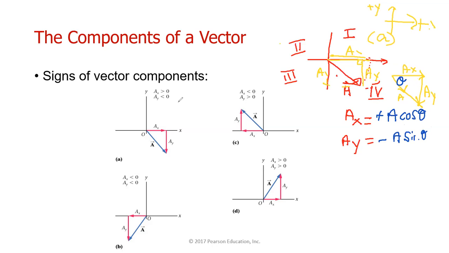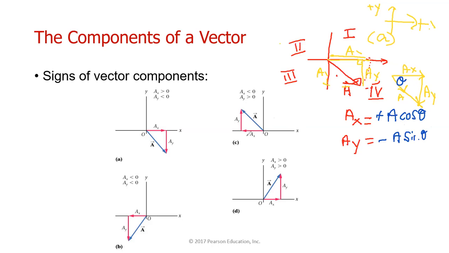How about here? Ax is positive, Ay negative. Can you figure out why this one? Now you project this A to x using the small angle direction, because this is a big angle, right? Acute angle here.